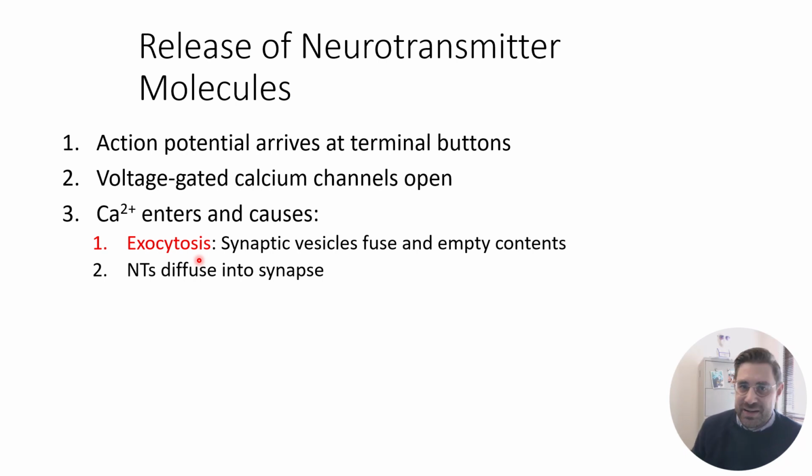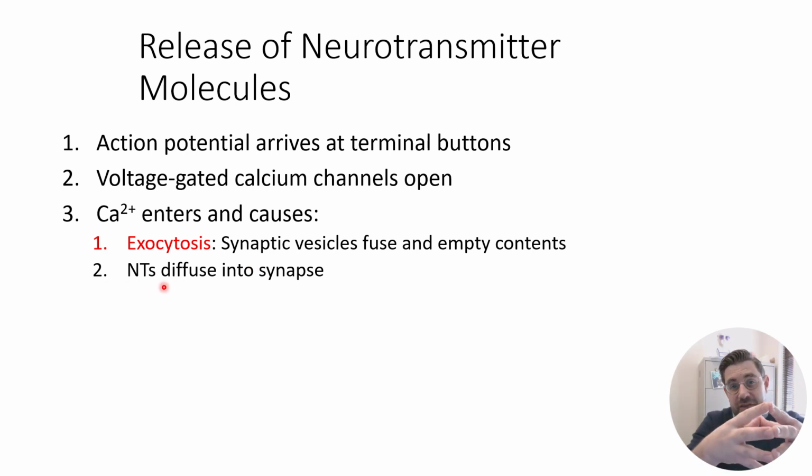Technical term here. Exo means exit, going out, and cytosis is like death of a cell or a structure. So we're breaking the synaptic vesicles, and that's causing the exit of the contents of those vesicles.